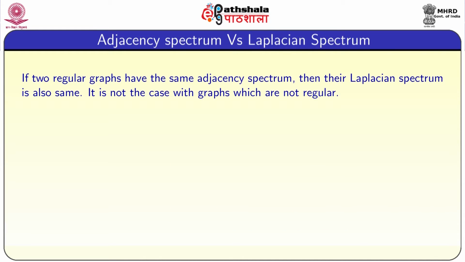So, that is why we are looking at adjacency spectrum versus Laplacian spectrum. If two regular graphs have the same adjacency spectrum, then their Laplacian spectrums are also the same. It is not the case with graphs which are not regular.